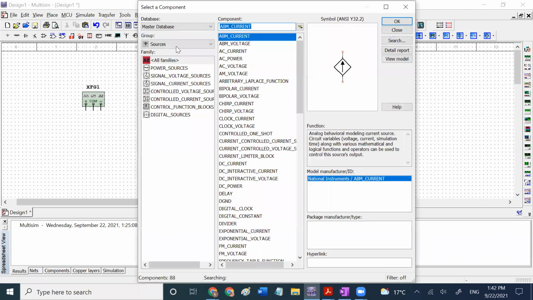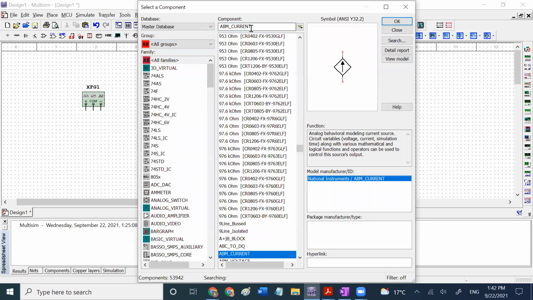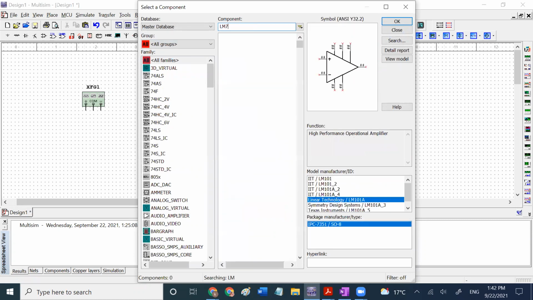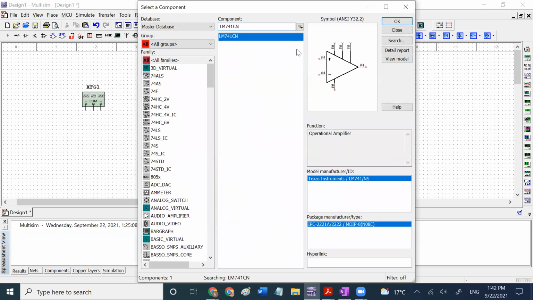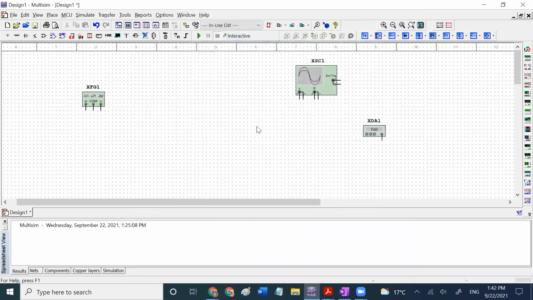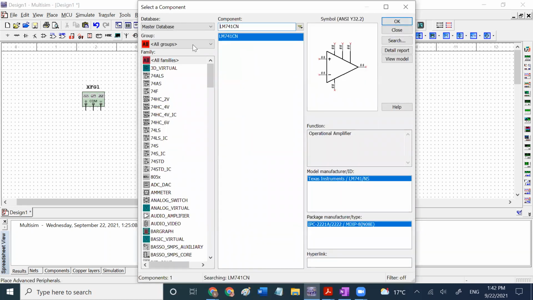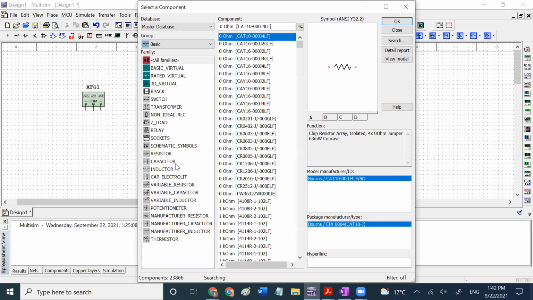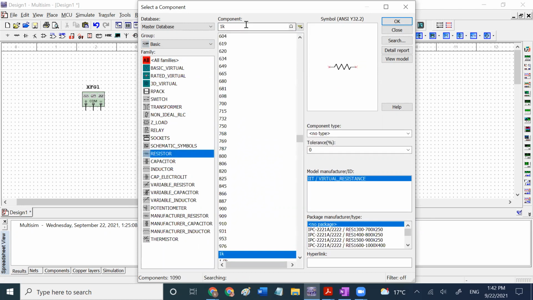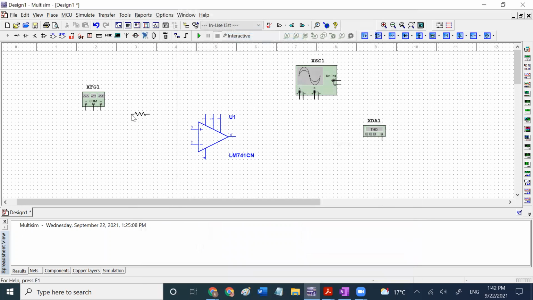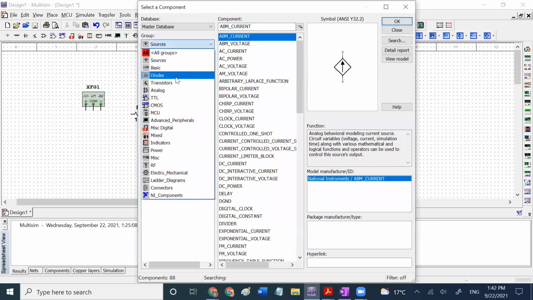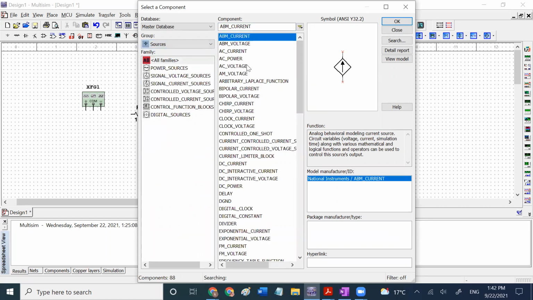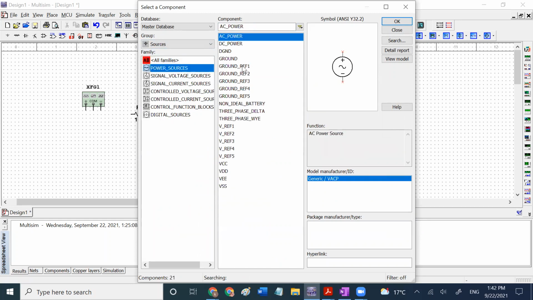Then we need to go to our outcome, and also our resistors, obviously. Basic resistors, we need just one of them, and we can duplicate it. And also the power source.